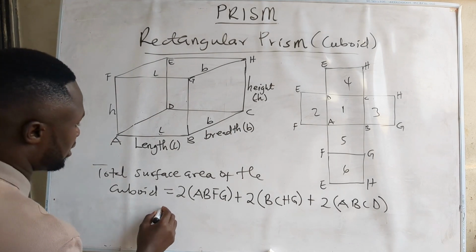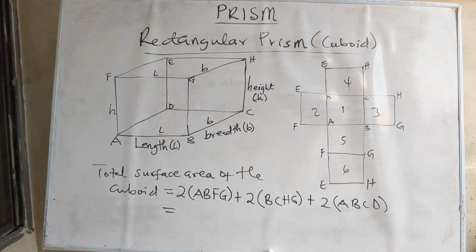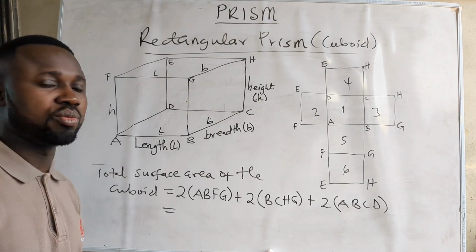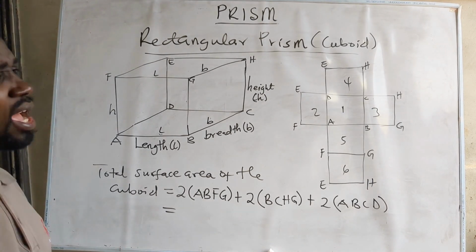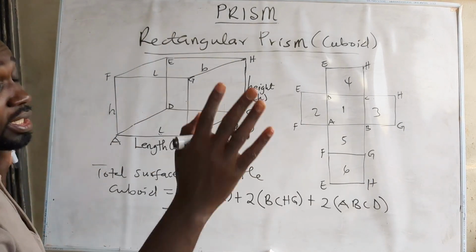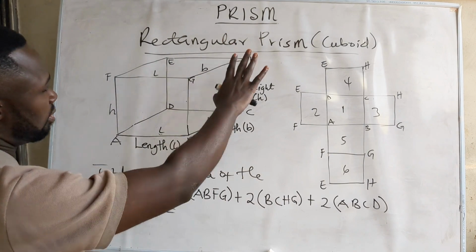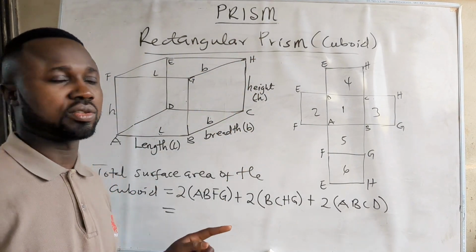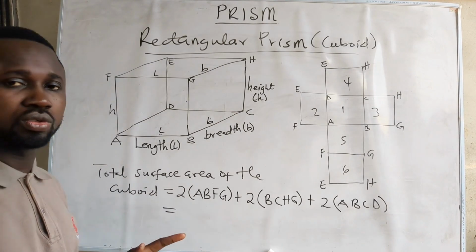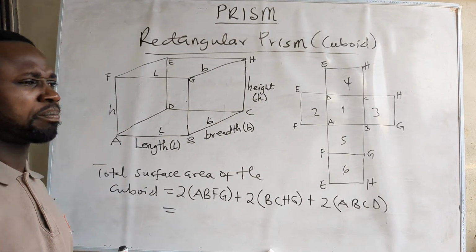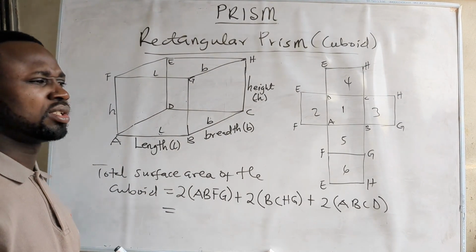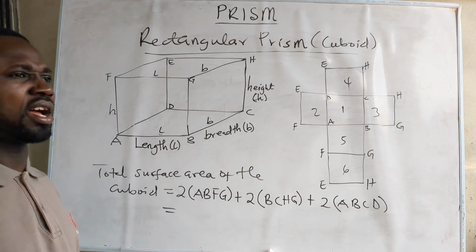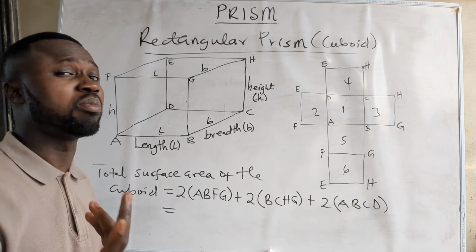Alright, so now we can write our total surface area of the cuboid. And take note, we are looking at a solid cuboid, where all the sides or all the places are closed. Sometimes you can have a question that asks you to find the total surface area of an open cuboid.